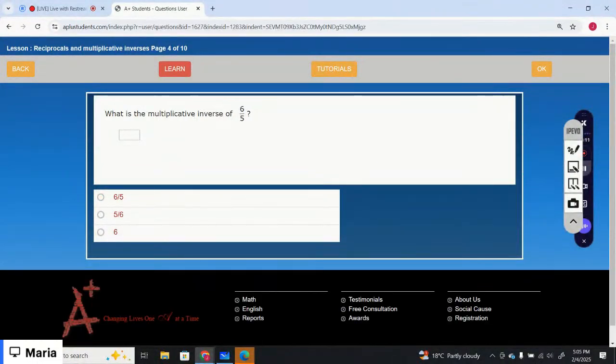The multiplicative inverse is a bit different from the reciprocal. If you multiply the multiplicative inverse of a fraction with the fraction, the answer is always 1. So the multiplicative inverse of 6 by 5 is 5 by 6. Option number 2 is the correct option.